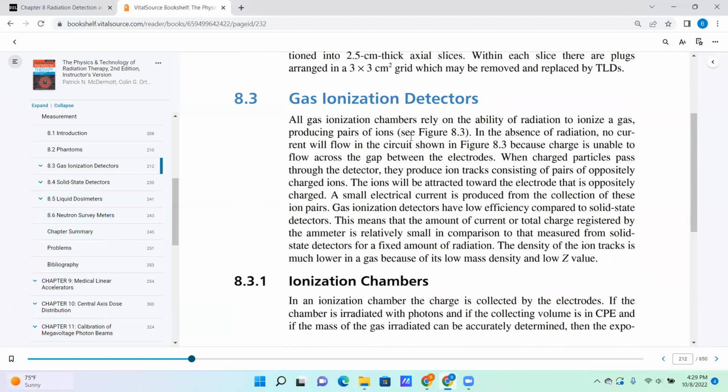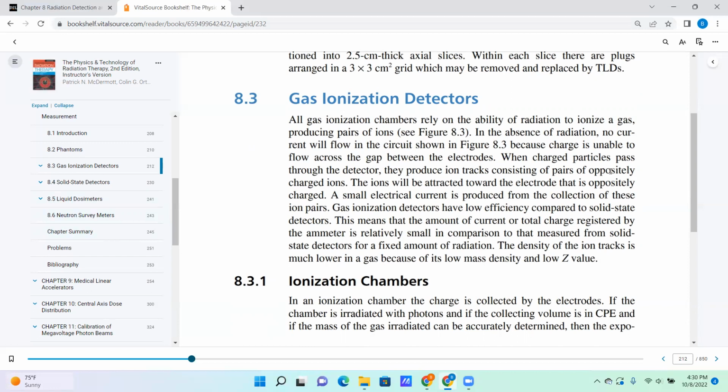So in the absence of radiation, no current will flow because charge is unable to flow across the gap between the electrodes. When charged particles pass through the detector, they produce ion tracks consisting of pairs of oppositely charged ions. The ions will be attracted towards the electrode that has the opposite charge.